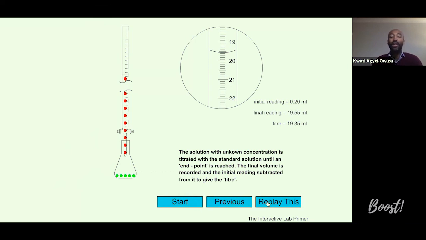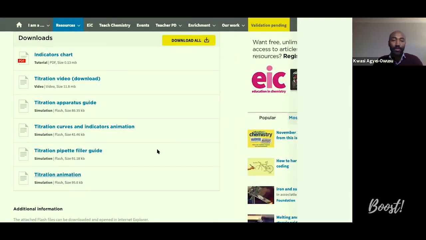And you will see a color change due to an appropriately chosen indicator being added to the contents of your conical flask, so that at the end point, the precise volume at which your indicator changes color, you do know that your substance has been neutralized. Okay, so that is, in short, hopefully a very useful guide to how to use your titration apparatus.